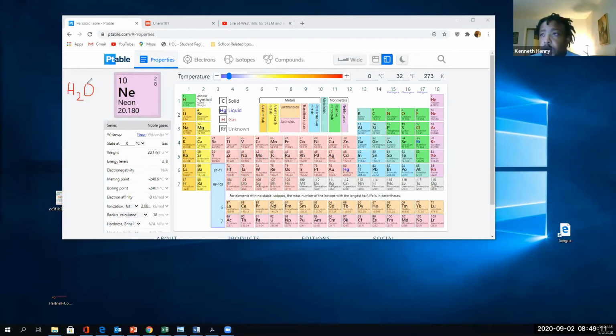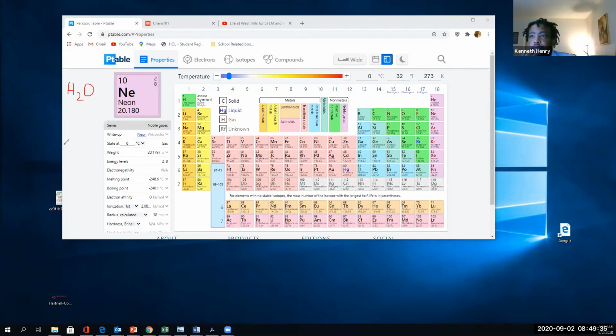It doesn't want more than one electron at all. So if it's going to share, it's only going to share that one electron. Oxygen, how many electrons does oxygen need to be like a noble gas? It needs 2.